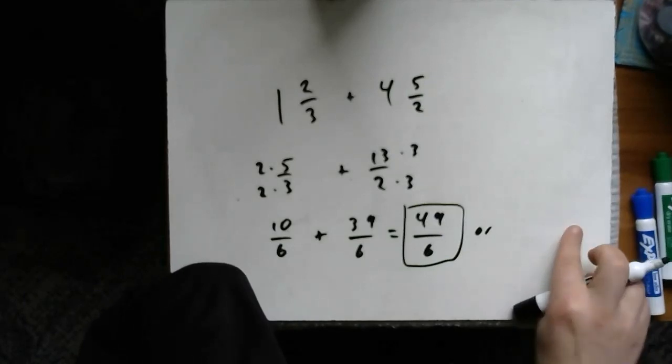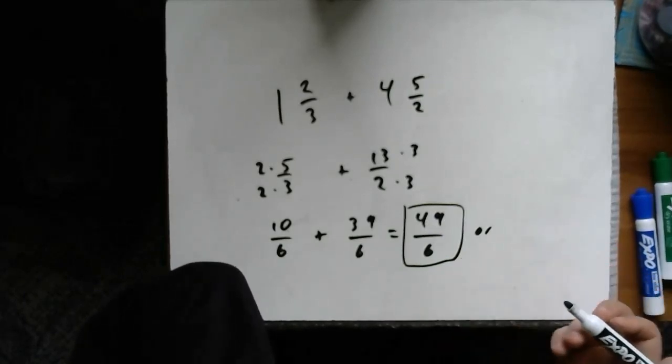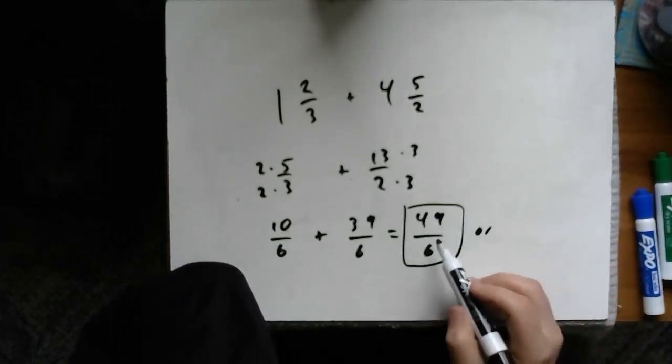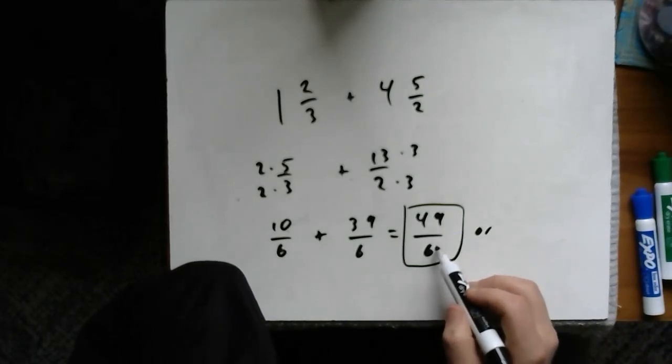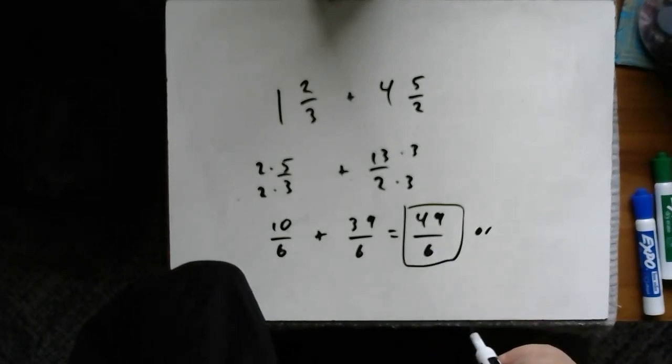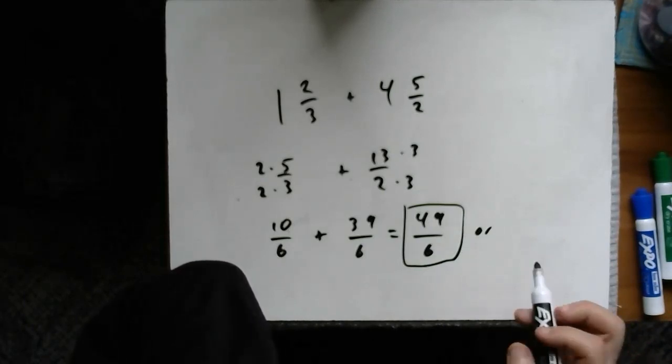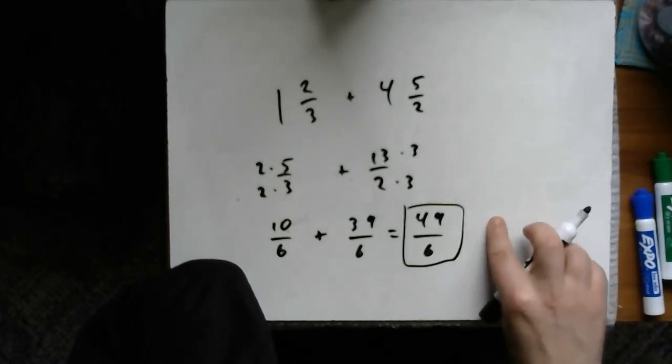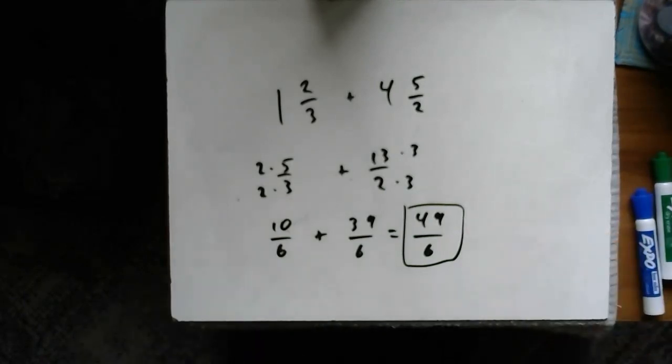Sometimes the problems might ask for either improper or a mixed number. And so I take 49 and I can divide that by 6, and I'll get that mixed number, and then whatever the remainder is. All right, so there it is.